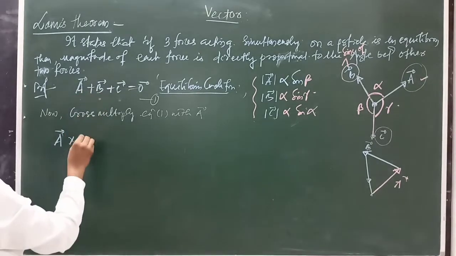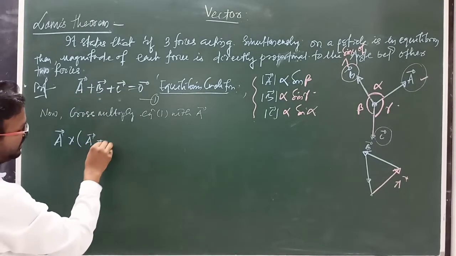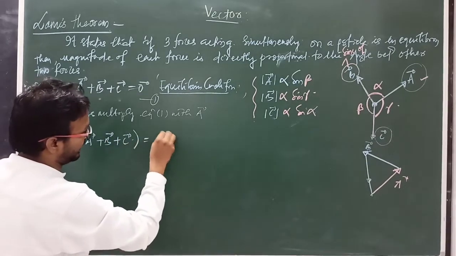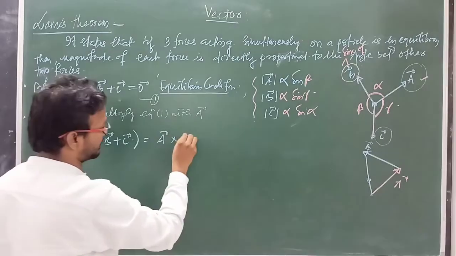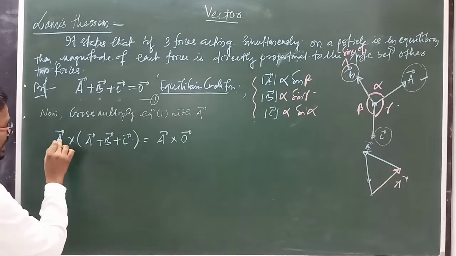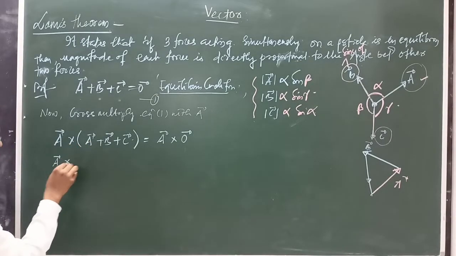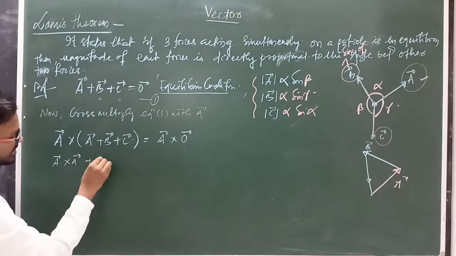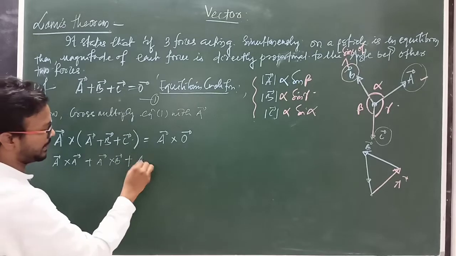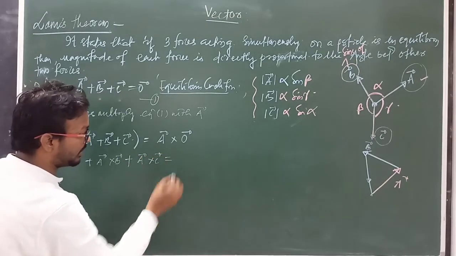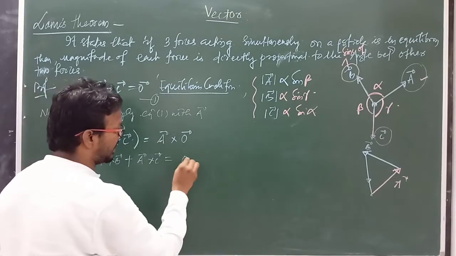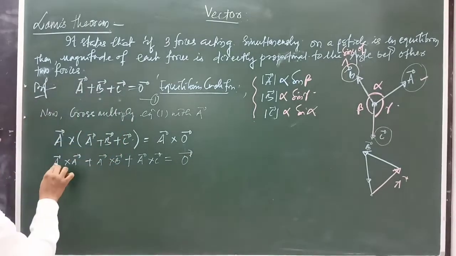Equation 1, A plus B vector plus C vector equals 0 vector, and both sides we have to cross multiply with A. Now solve this relation. We get A cross A plus A cross B plus A cross C equal to A cross 0, which is the null vector.